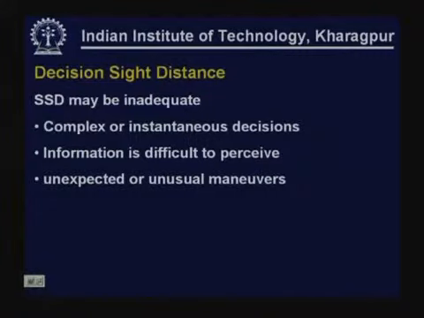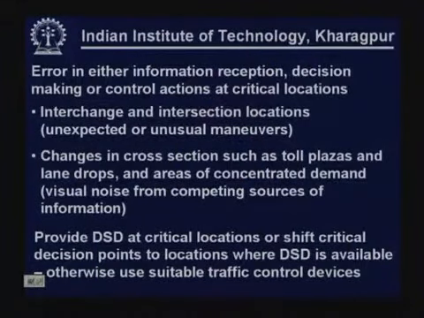Number 3, where again drivers have to make unexpected or unusual maneuvers. Under these conditions, the available stopping sight distance will not be adequate. So, at complex or critical locations, there could be error in either information reception, decision making, or control actions.